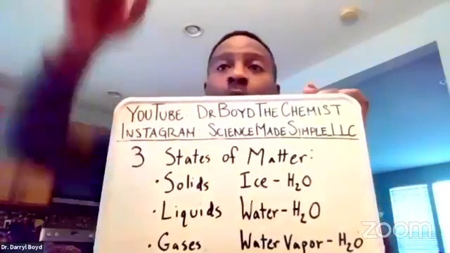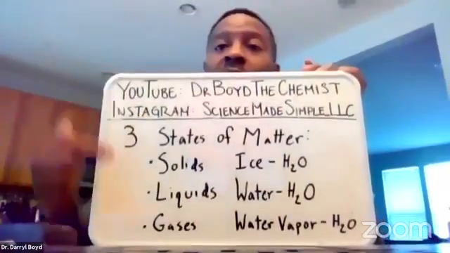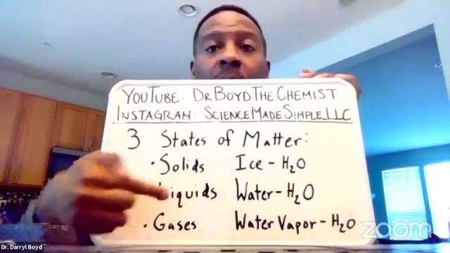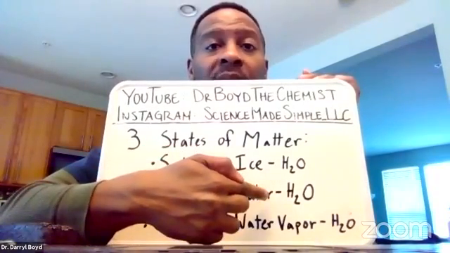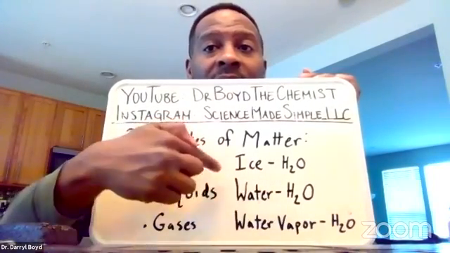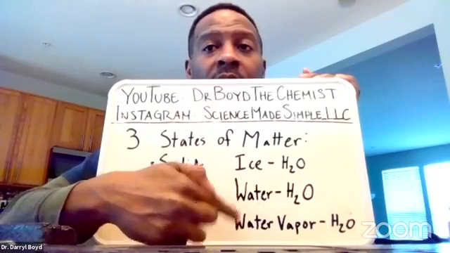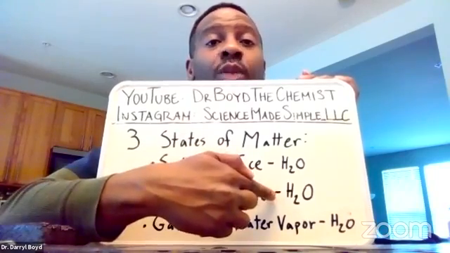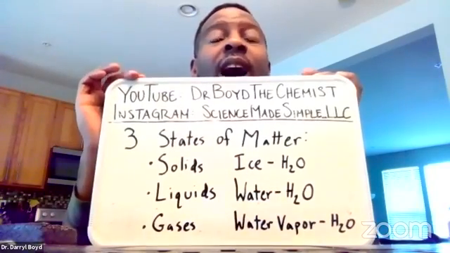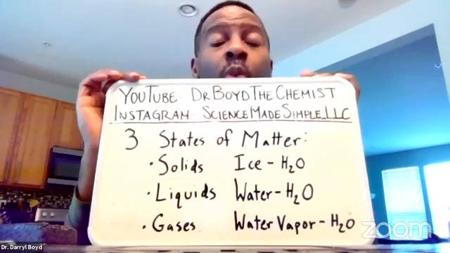One of the best examples is, think of water. Water is a liquid, but water has the same molecular makeup as ice and water vapor. That makeup is H2O, also known as 2 hydrogens with 1 oxygen.